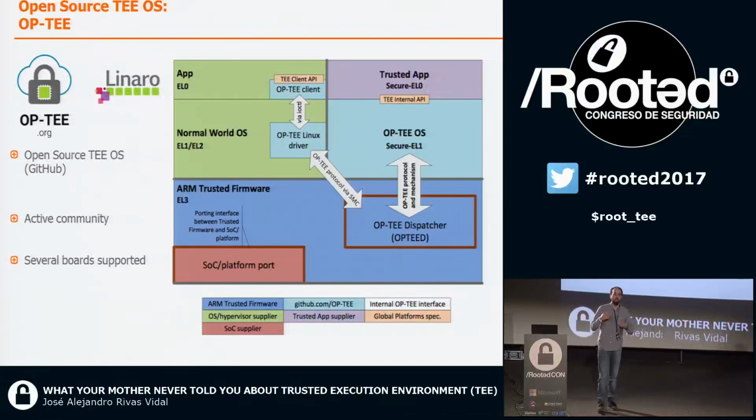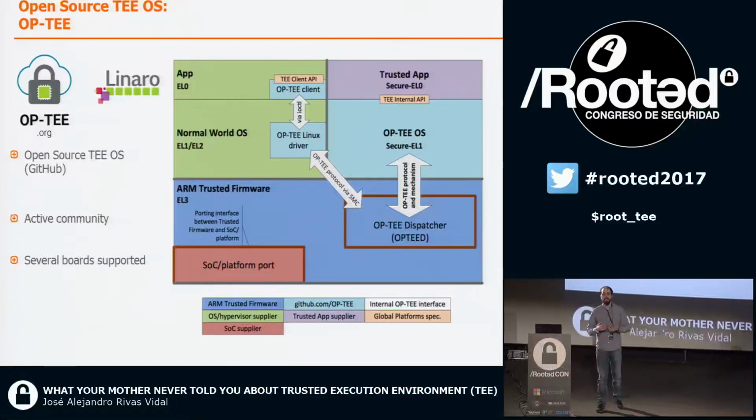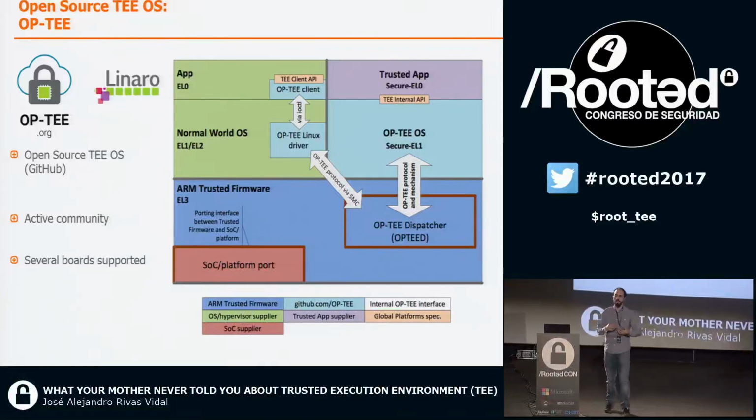And to finish with this software part, I'd like to mention that fortunately there are possibilities to work with free operating systems. In this case, OP-TEE, with public code on GitHub, that may be useful to develop the software layer of a TEE.